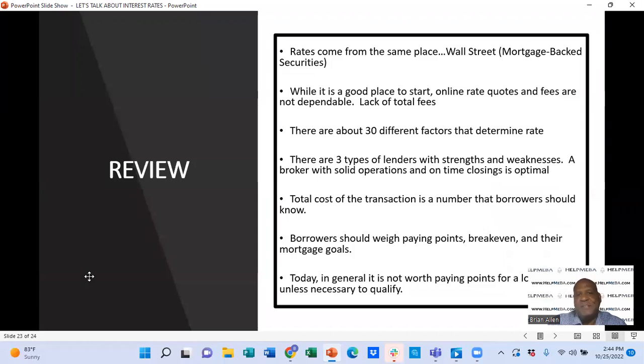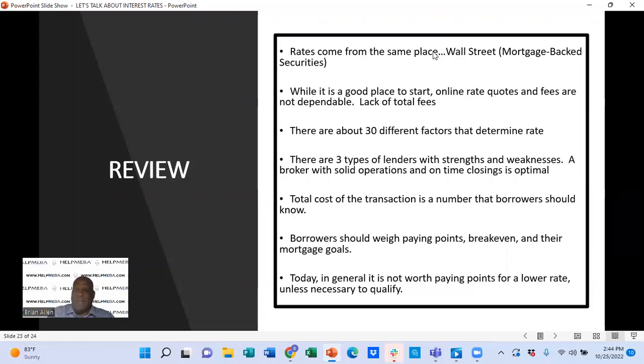So just as a review of all the things I've talked about over this triumvirate of videos. Rates come from the same place, well, Wall Street, mortgage-backed securities. So whether you're a bank, correspondent lender, or broker, you're going to have rates that should be no more than 0.5% of each other.